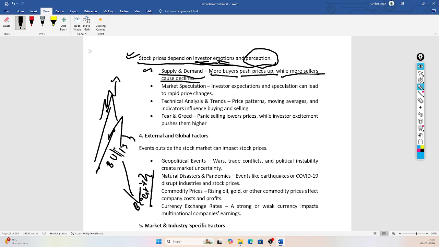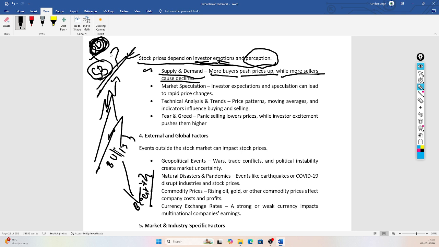If I say BB, it means buyer and bullish. This is an easy way. But if I say SB, it will mean seller and bearish.